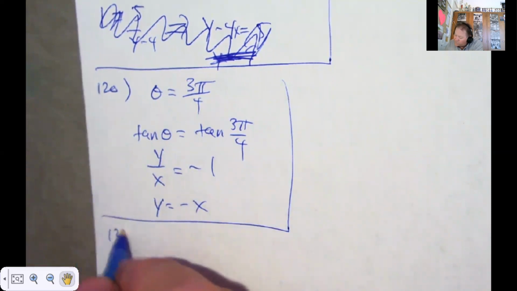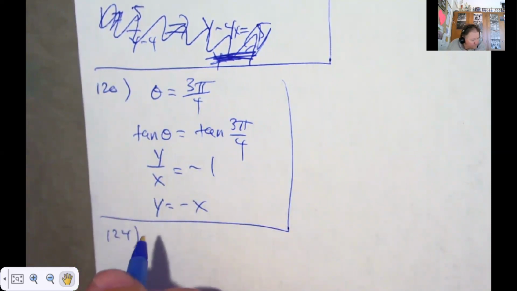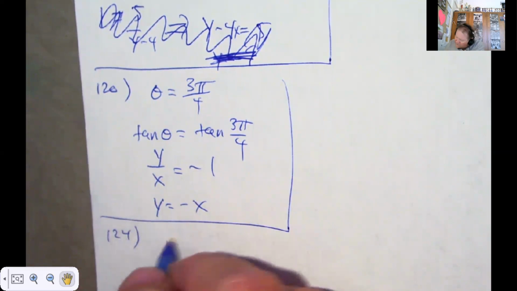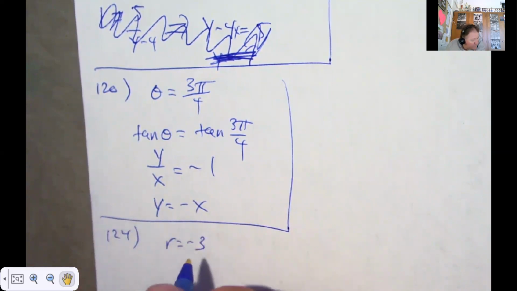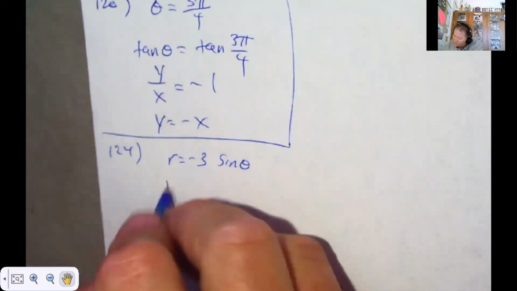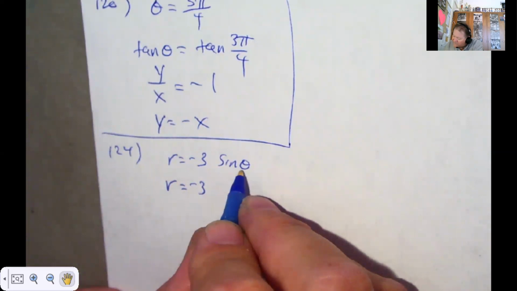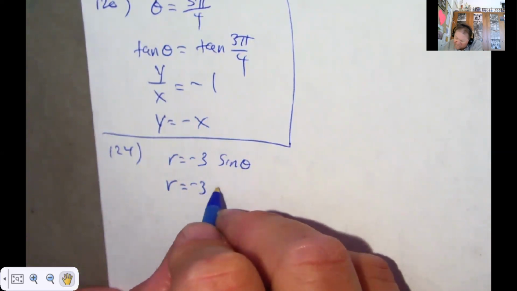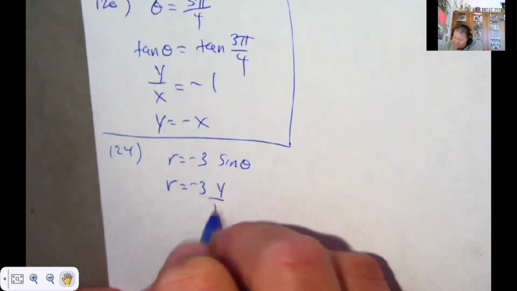And then 124 is r equals -3 sine of theta. Alrighty. So this is r equals -3, and what is the sine of theta? It is y over r.